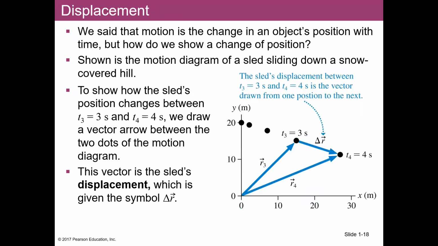But the thing that is physical is the displacement. The displacement is really our first physical quantity that we'll define in this chapter. It's defined as a vector difference between two positions at different times.